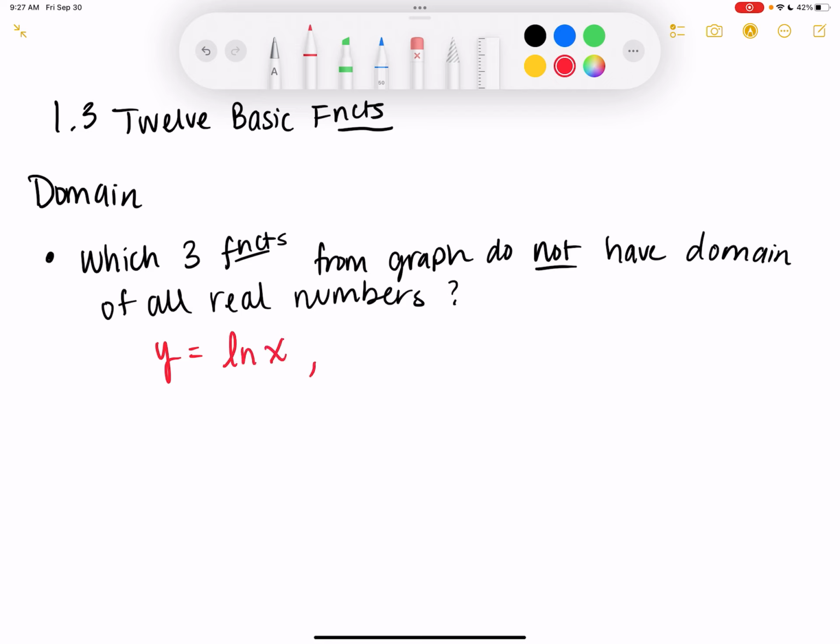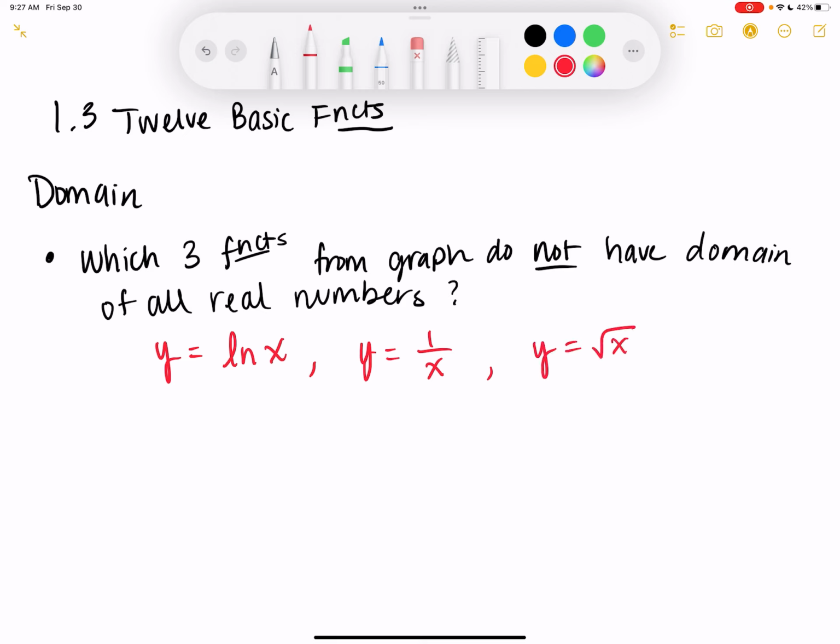I said the reciprocal. Correct, because it doesn't take on 0. So y equals 1 over x. And what's the other one? The exponential. That one takes on all x values. Square root function? Yep. Square root function, so y equals the square root of x.